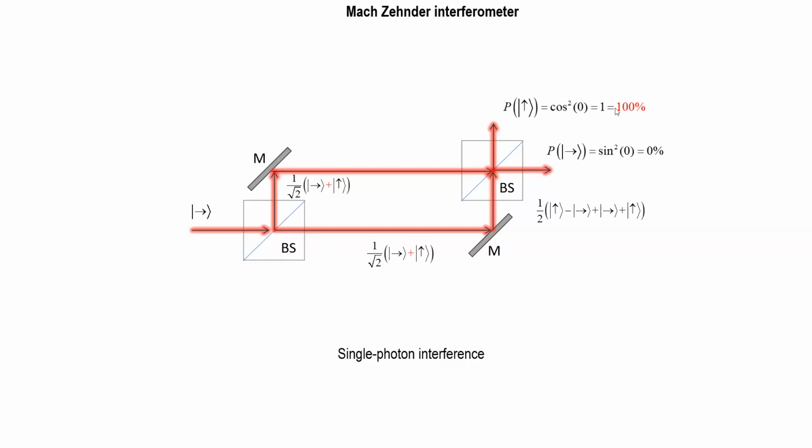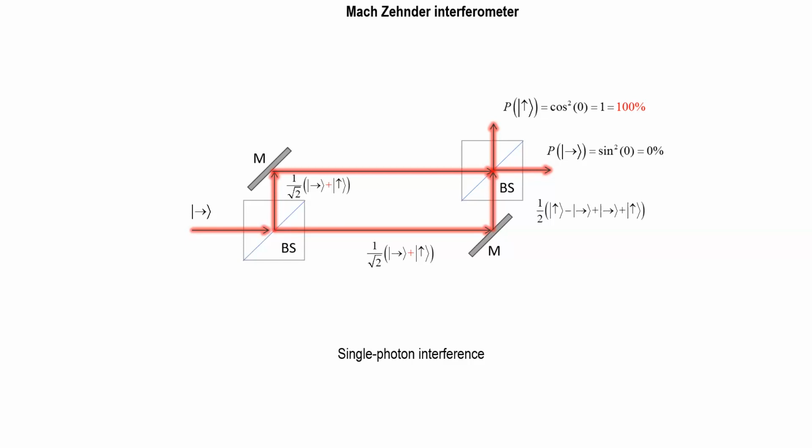For example, 100% probability of finding the photon in the upper channel and 0% probability of finding the photon in the horizontal direction. So this is the result of single photon interference.